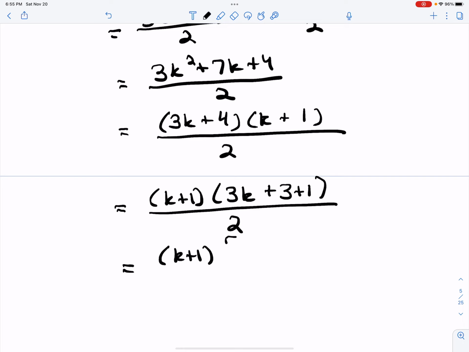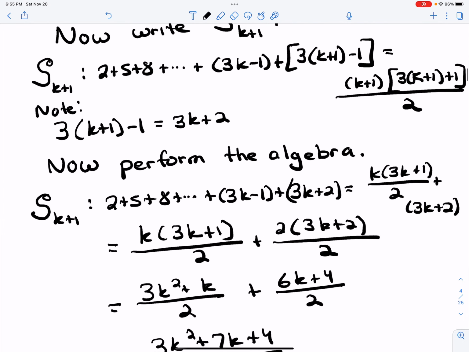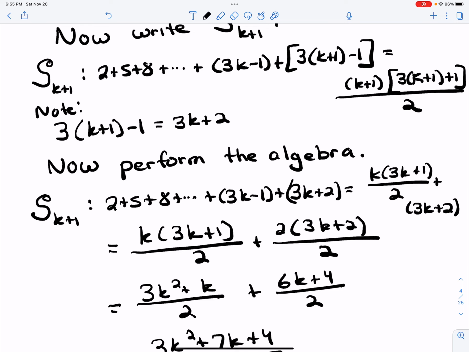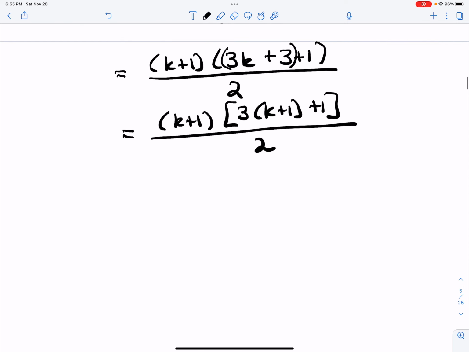Which means I can then further factor out 3 times k plus 1, and then plus 1, all over 2. So I took this 3k plus 3, factored out a 3, and then still have that plus 1. So now it looks just like when I originally wrote the k plus 1 statement. So S sub k implies S sub k plus 1.